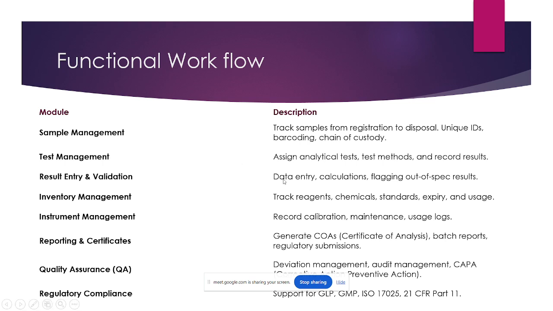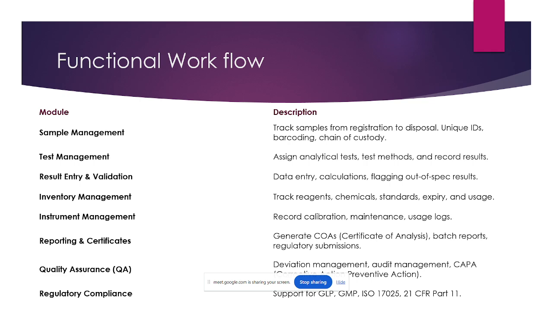So he will do the data entry and auto calculations, and if out of specification results come, the flag will automatically turn on and trigger to the analyst. So this is what happens when an OOS or OOT is generated. And then coming to the inventory management module, this will track the reagents, chemical standards, expiry and usage.